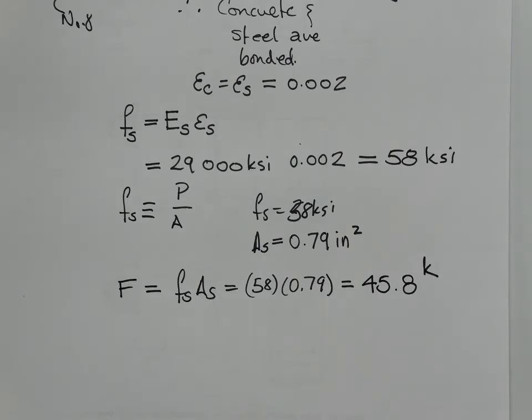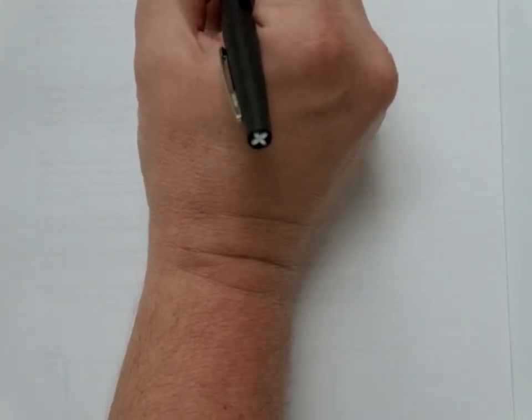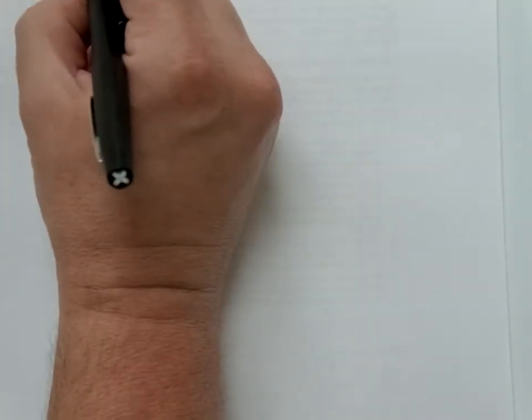So let's take our same, let's do a different cross-section. That cross-section's getting boring. Let's do a beam. It's 6 by 18. We have a number 4 bar.